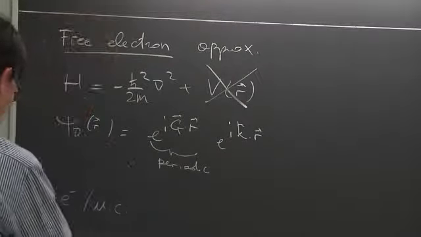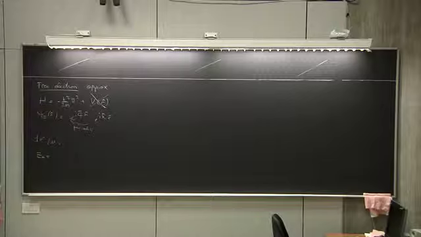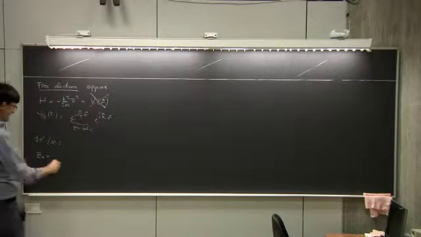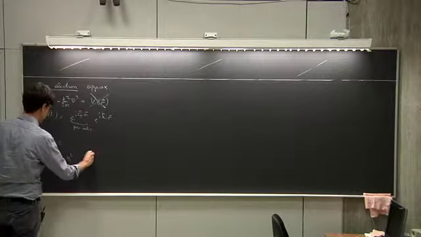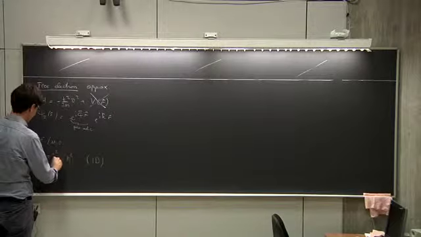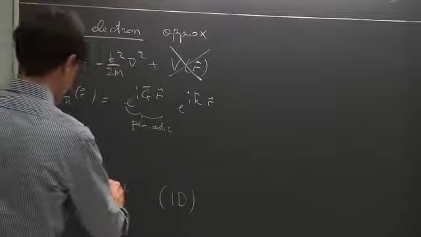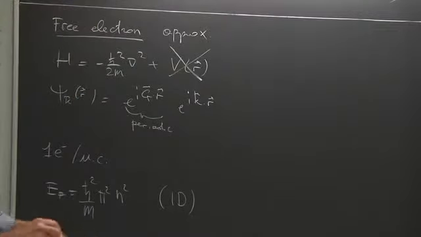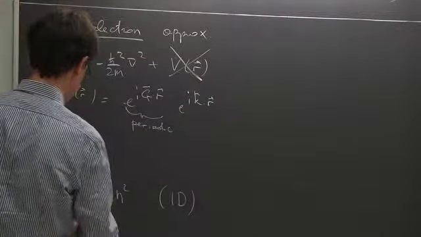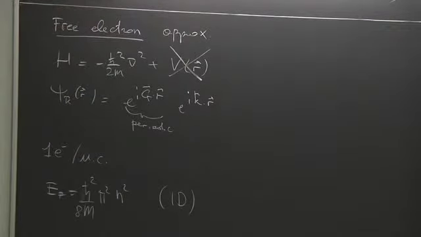Actually, let me write them here. I need you to tell me because I can't remember. It's certainly n squared here for one dimension, with an h squared over m here. Is it a pi? Pi squared. 8. Good, thank you.